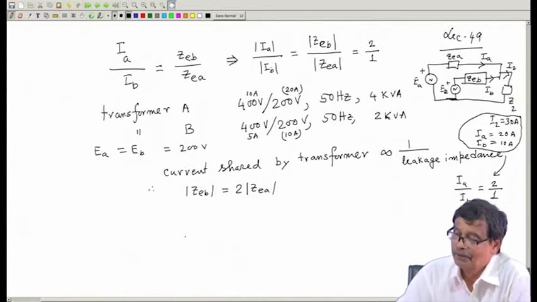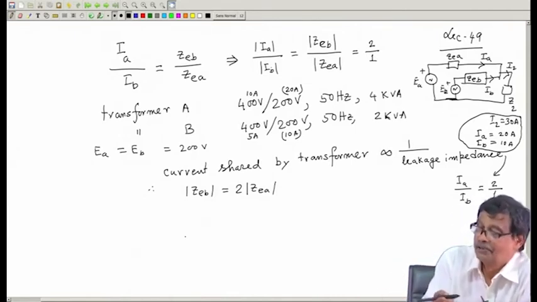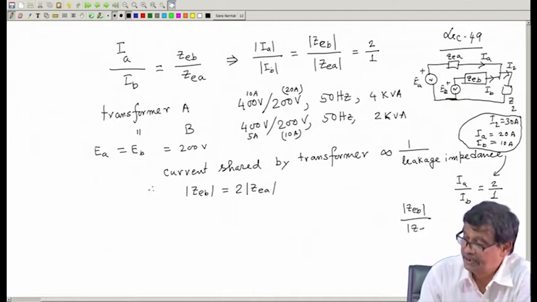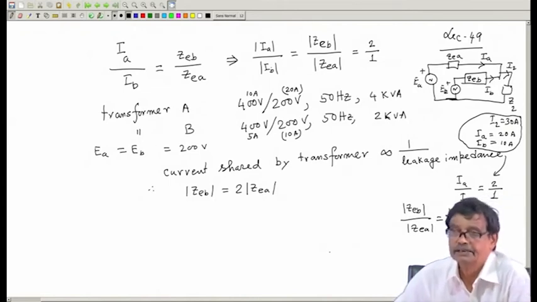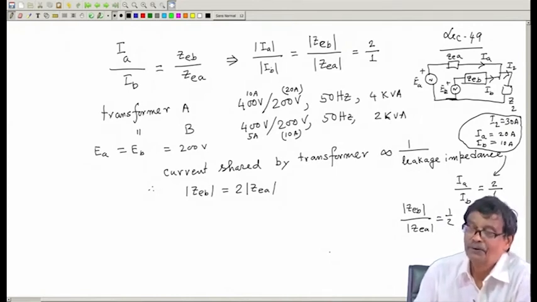If, for example, it is the other way around, suppose you have purchased 2 transformers and you find that ZEB by ZEA is equal to, suppose, half, just opposite. Leakage impedances are like this. Then what is the implication?